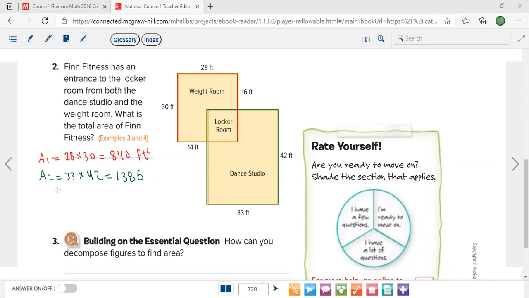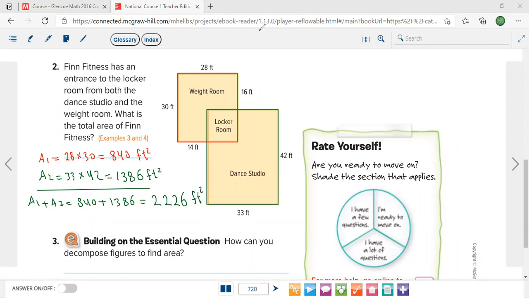Now we will follow the style of the book and add them. So area 1 plus area 2 will be 840 plus 1,386, and this should give you 2,226 feet squared.